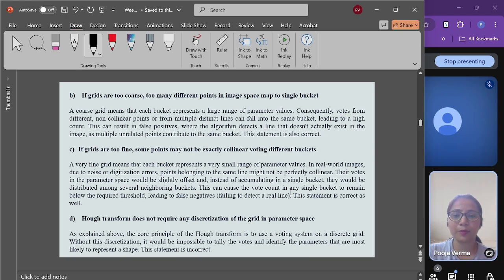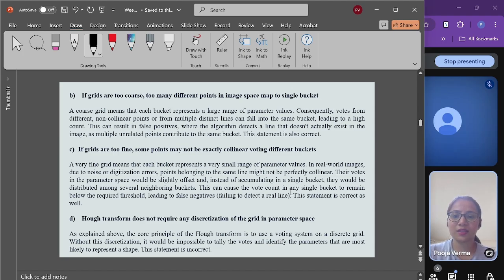So their votes in the parameter space would be slightly offset, and instead of accumulating in a single bucket, they can be distributed among several neighboring buckets. That causes the vote count in a single bucket to remain below the threshold, leading to a false negative. So this statement can be correct also.